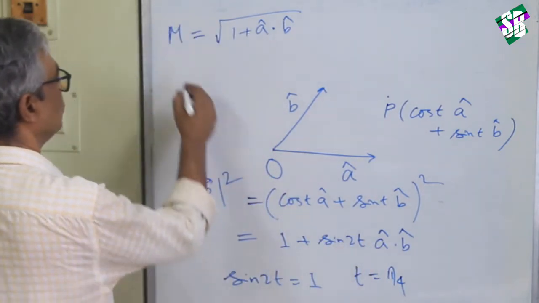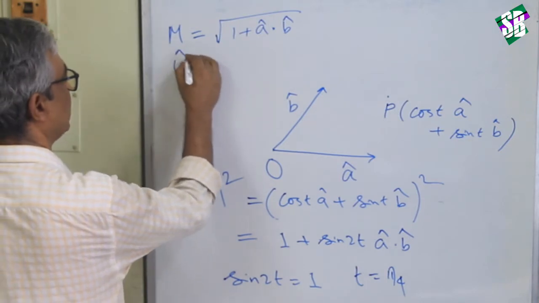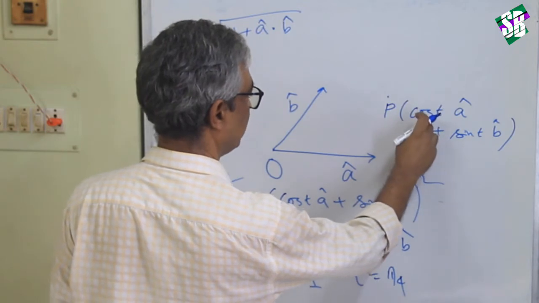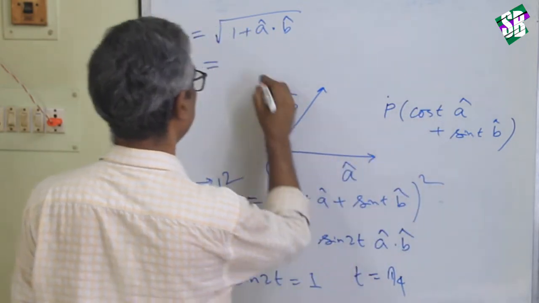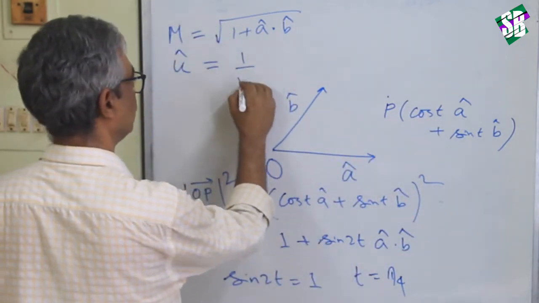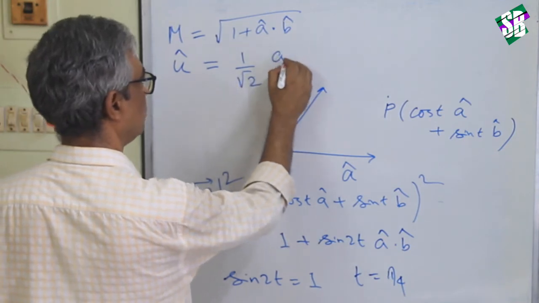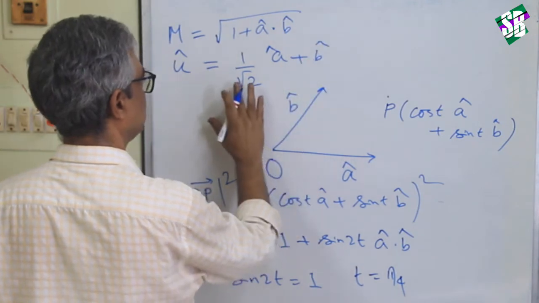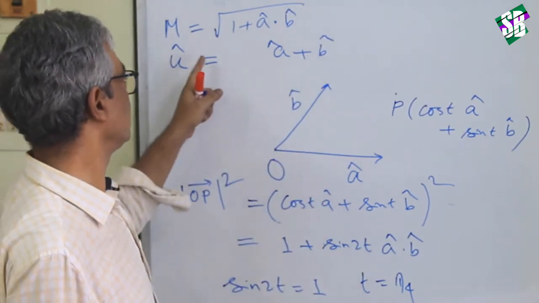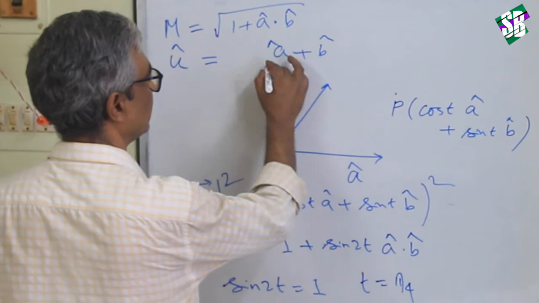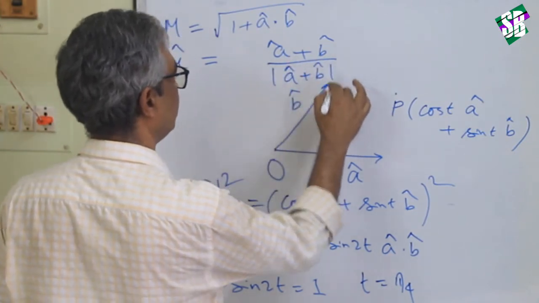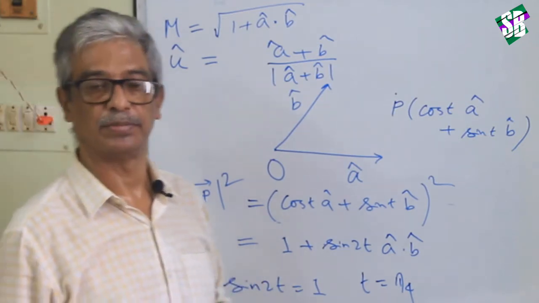So u cap at t equal to pi by 4 is 1 by root 2, 1 by root 2. So this is 1 by root 2 (a cap plus b cap), because you just need a unit vector. So a cap plus b cap divided by mod a cap plus b cap. So this is u cap.